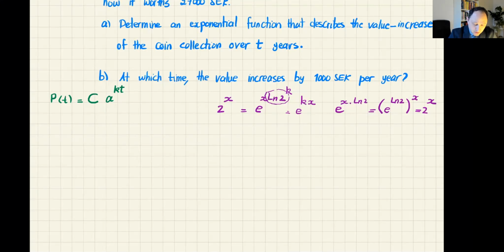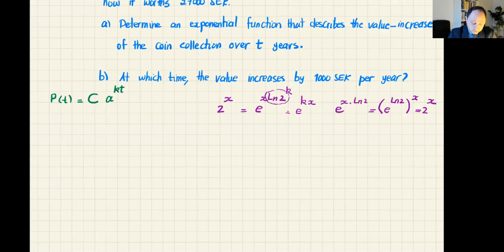So you see that any exponential function, for example, I have chosen the base to be 2, it doesn't matter, you can choose any number that you like. Any exponential function with base 2 can be written as another exponential function with base e.